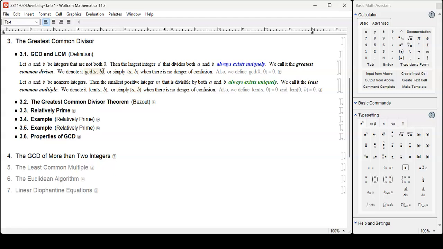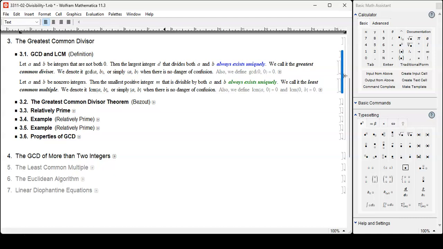But even when there's no danger of confusion, I'll try not to use this one or that one. Whenever possible, I'll use GCD and LCM like this. And there are some exceptions, of course. We may have to consider GCD of GCD of GCD of something, and writing the GCD many times is too cumbersome. In that case, I may do some abbreviation. Same goes here, but those are going to be rare. I'll try not to use those.